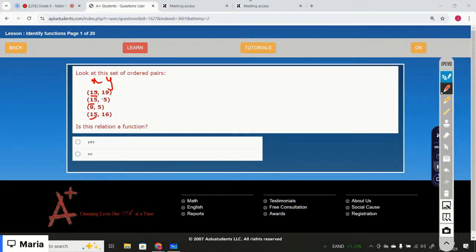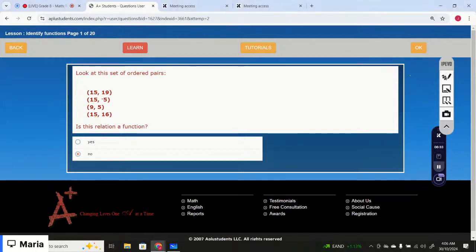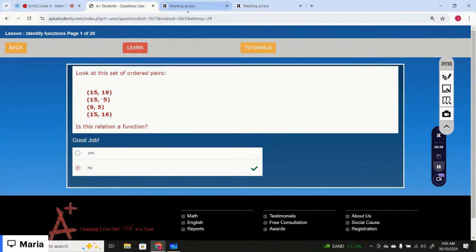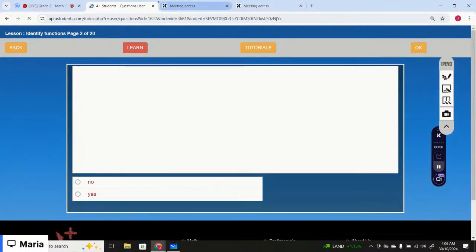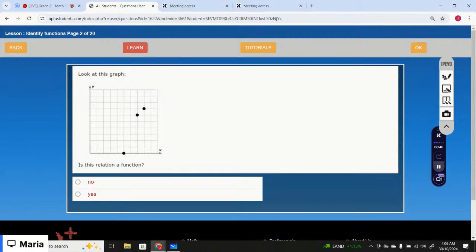The correct option is no, that isn't a function. Look at this graph. Is this relation a function?